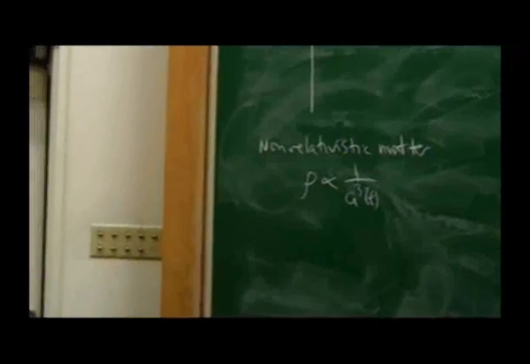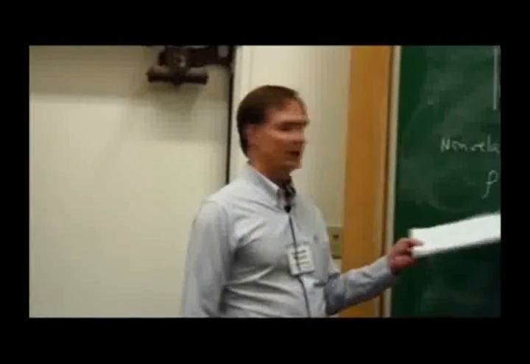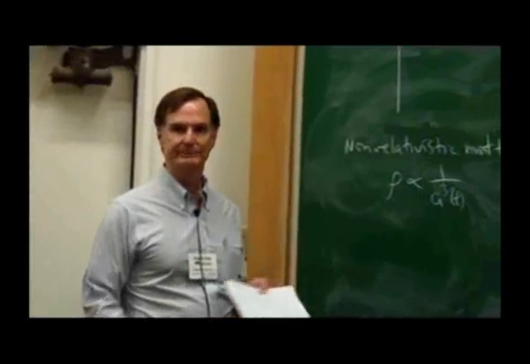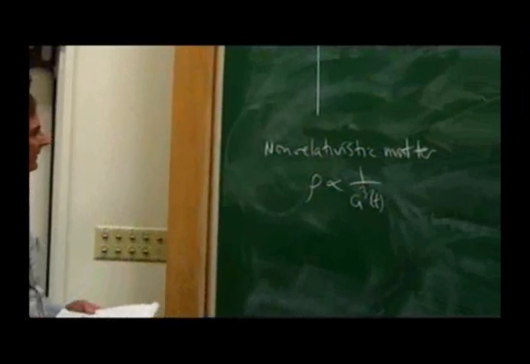Well, it's because I remember the sphere that I started out with enclosed a fixed number of atoms. These atoms are non-relativistic, so their mass energy density is just the rest mass. That total rest mass is constant. I chose my sphere to enclose a constant rest mass of non-relativistic matter. So rho just goes down with 1 over the volume. Physical volume goes as A cubed of T.